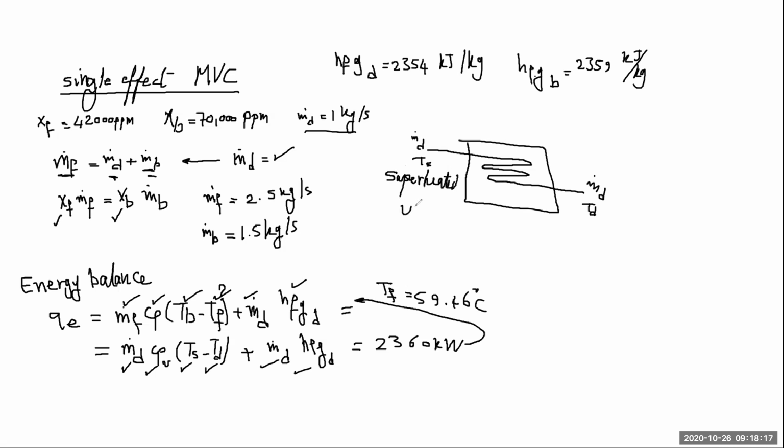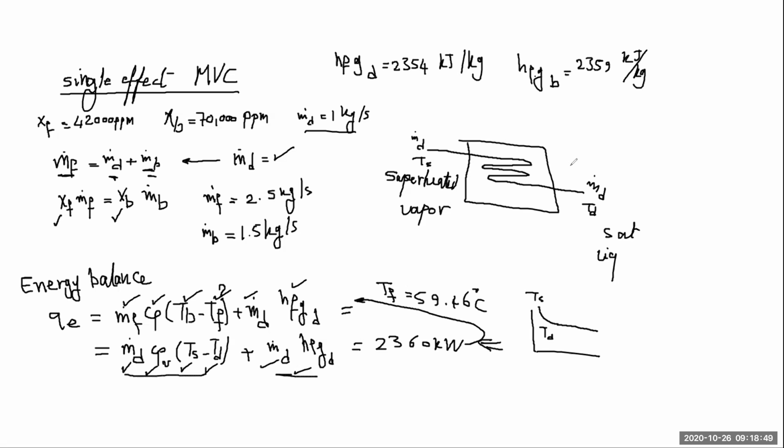To move from superheated vapor to saturated liquid, there is a desuperheat first, from TS to TD, sensible cooling, and then a change of phase. This part, which is given by this line, is what I have been considering here in this equation.